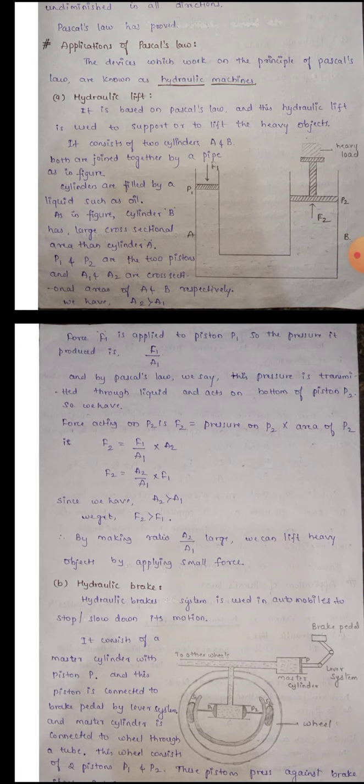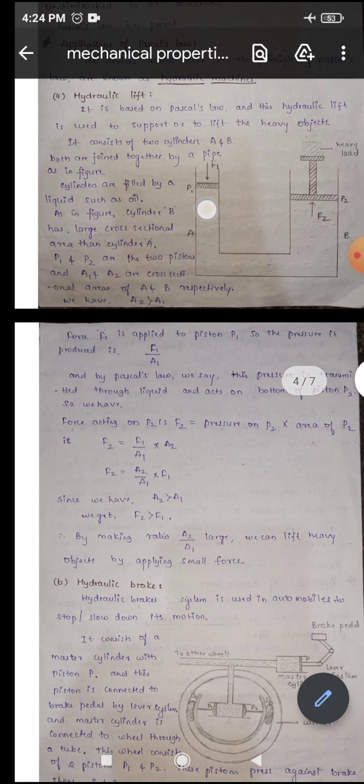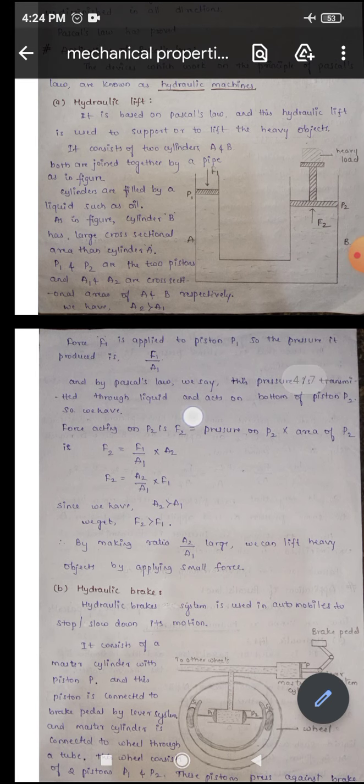It consists of two cylinders. See, in this figure we can see it consists of two cylinders, the cylinder A and the cylinder B. Both are joined together by a pipe. This cylinder A and this cylinder B are joined together by this horizontal pipe.